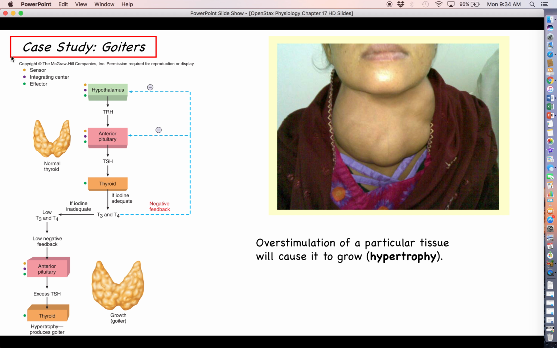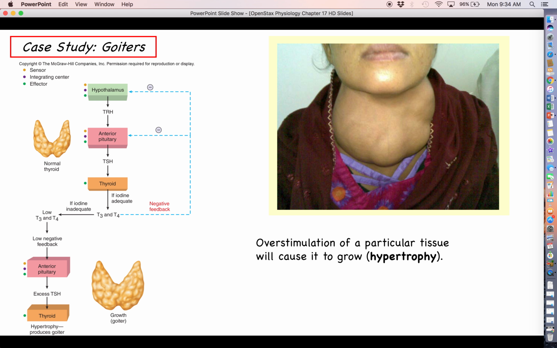So just to review here, when we want to make thyroid hormone, the hypothalamus will make TRH, that will stimulate the anterior pituitary to make TSH, and that will stimulate the thyroid to make T3 and T4. But the thyroid will only be able to respond to the TSH when iodide is adequate.